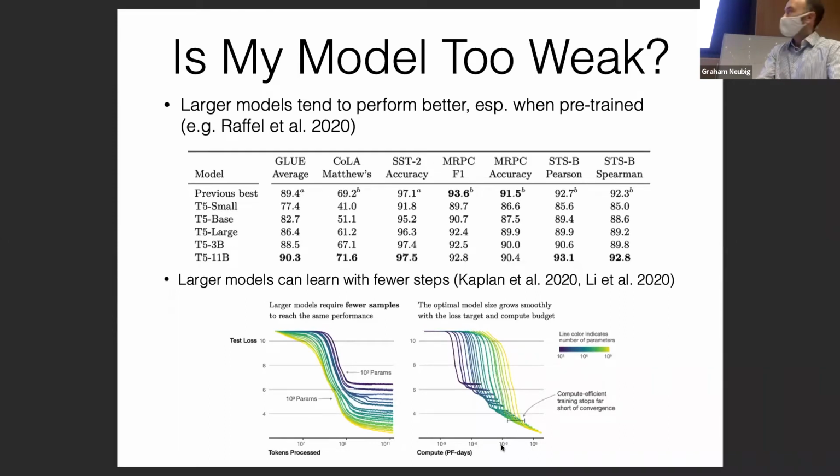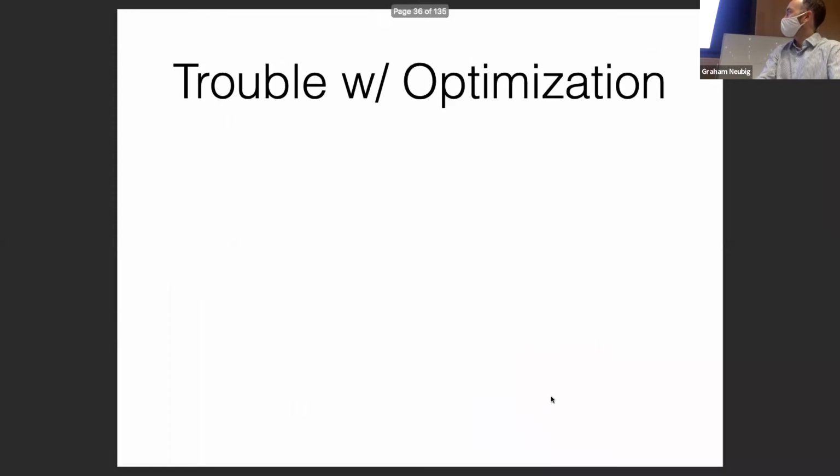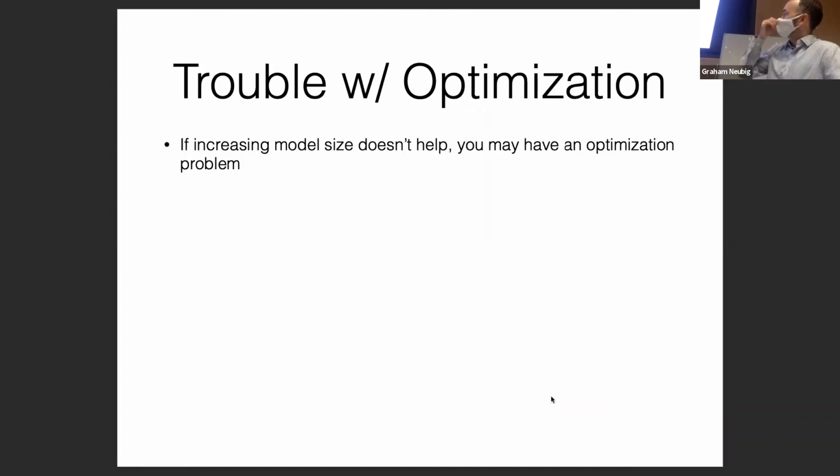Okay, great. So this is an important thing to know. Another thing is that you can have trouble with optimization. Like if increasing your model size doesn't allow you to fit your training data and decrease your training loss very low, almost down to 0.